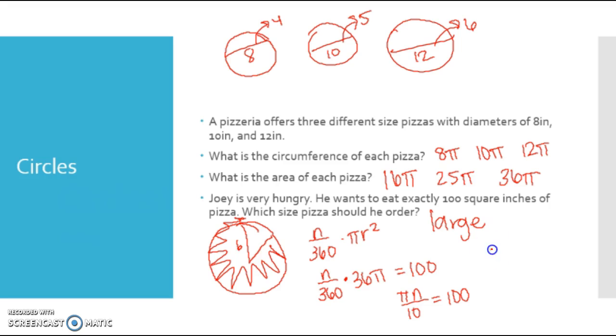Multiply by 10, so I get pi times whatever that angle is, equals 1,000. And then we just divide by pi. So 1,000 divided by pi is approximately 318. So for him to get 100 square inches of pizza, he would have to cut a huge slice that is 318 degrees worth of that circle.